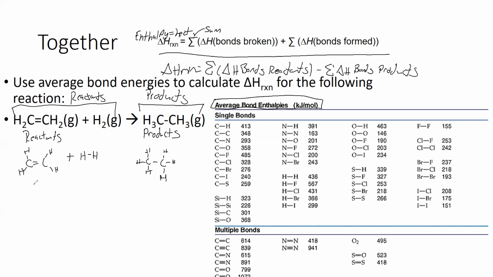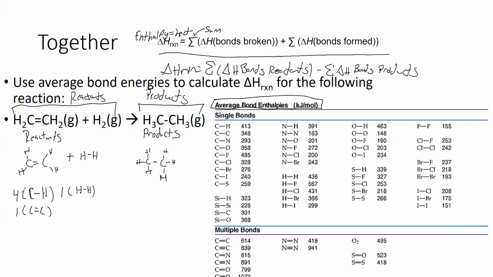Now I just want to count how many types of bonds I have for my reactants. So I have 4 carbon single bond hydrogen bonds. That's what I mean by counting bonds, just seeing what type of bonds do I have. I have 1 carbon-carbon double bond, and I have 1 hydrogen-hydrogen single bond.